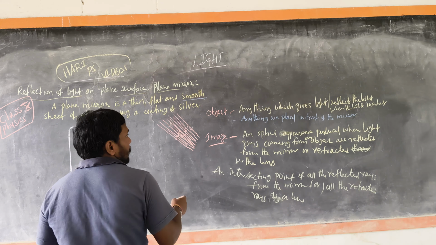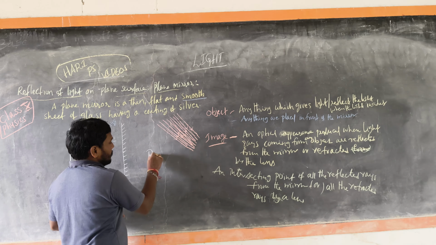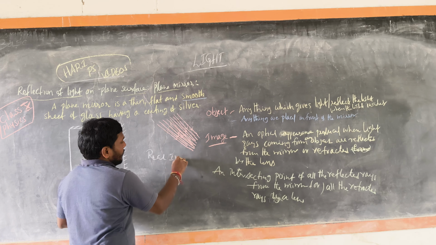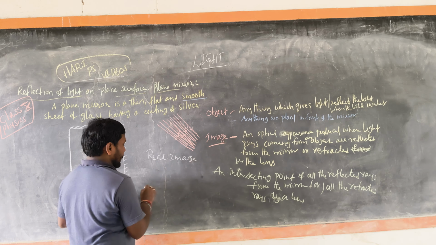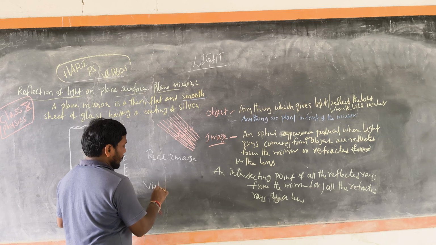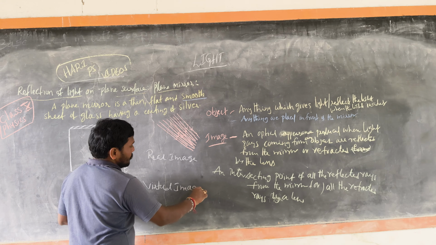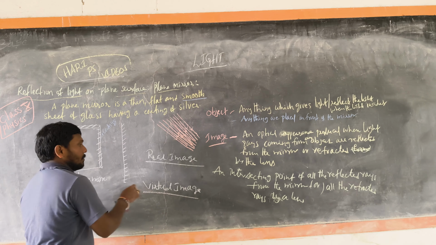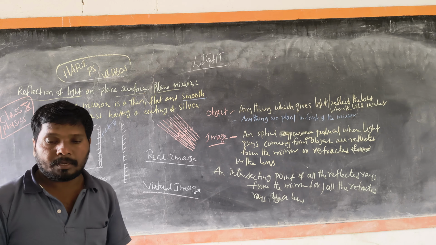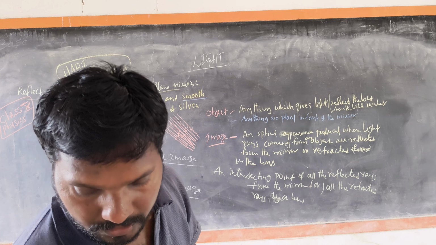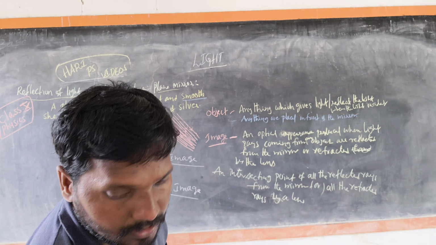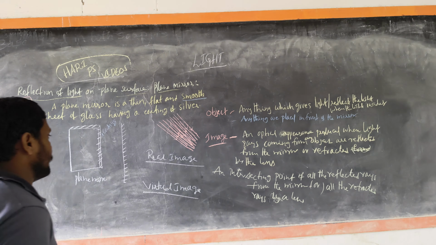There are two types of images: one is real image and the other is virtual image. Real image means the image which forms or is caught on the screen.